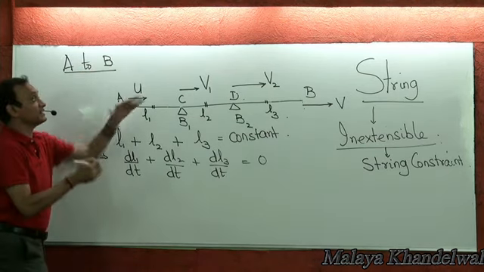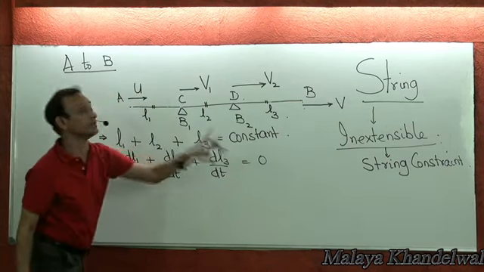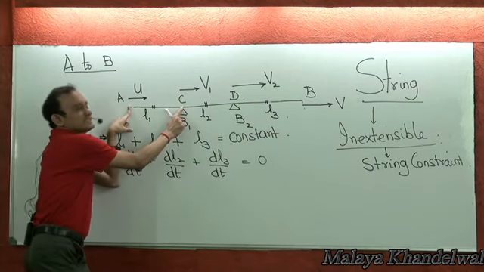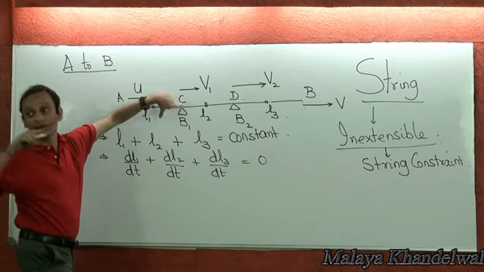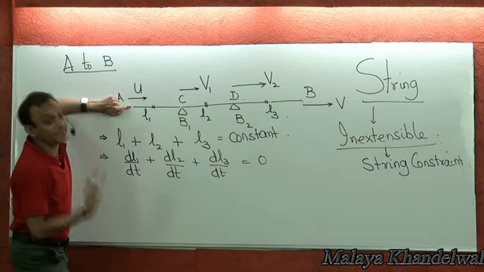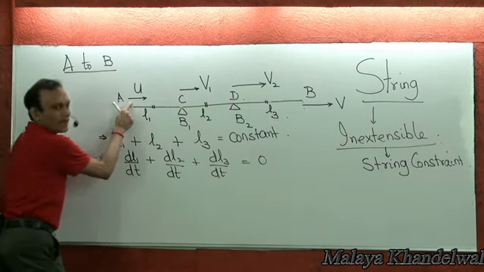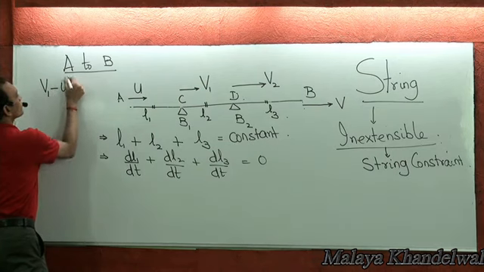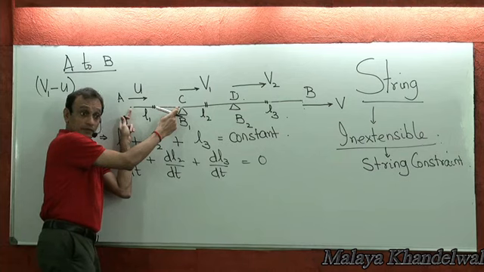While doing this, I take the velocity of C along AB minus velocity of A along AB. Final point minus initial point, right? For this segment, C is the final point, A is the initial point. So from A to B, it's V1 minus U. That's dl1 dt, rate of change of this segment with time, right?